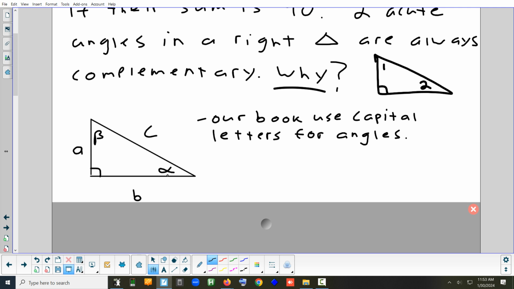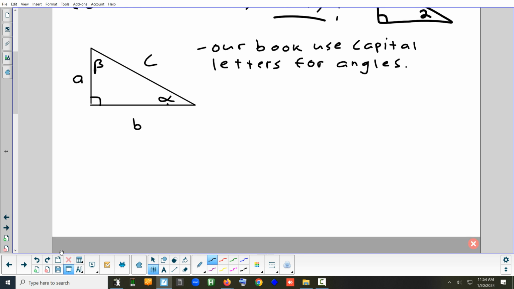So that's a problem that things can start getting confusing. And if I ask you, let's say I write find C. Well, is it find capital C or find lowercase c? You can't tell which one I mean. So when I use Greek letters, those are angles. And when I use English letters, those are sides.